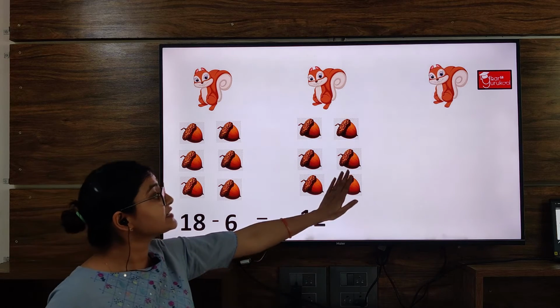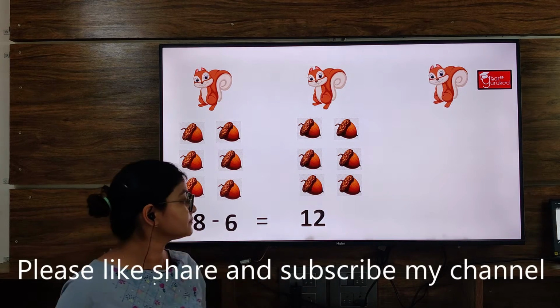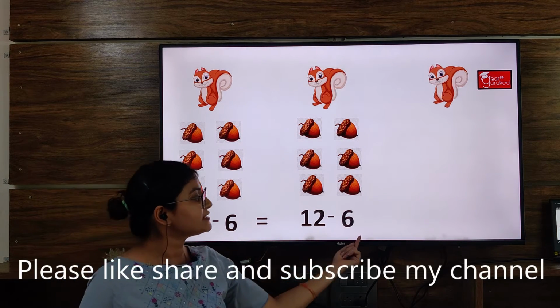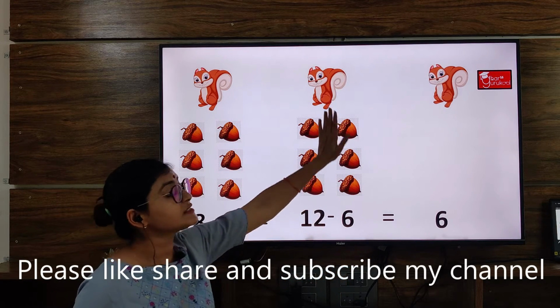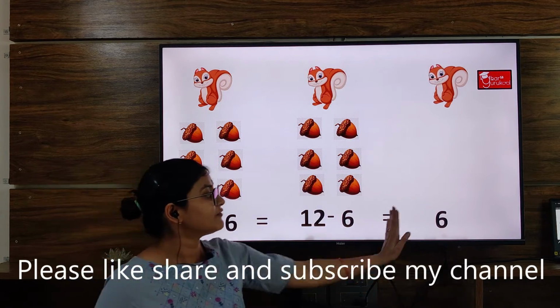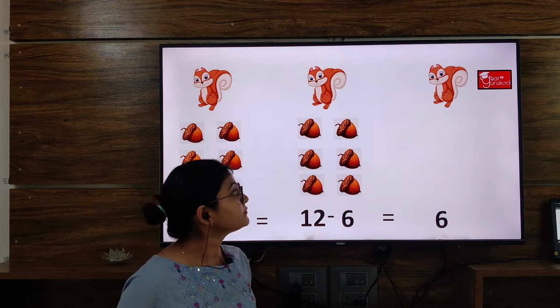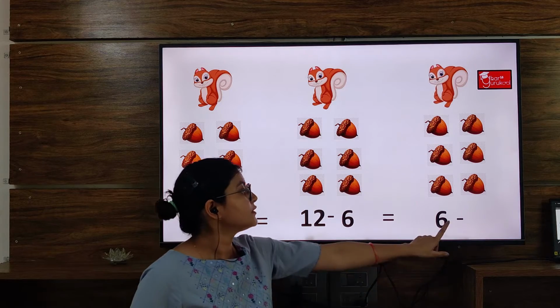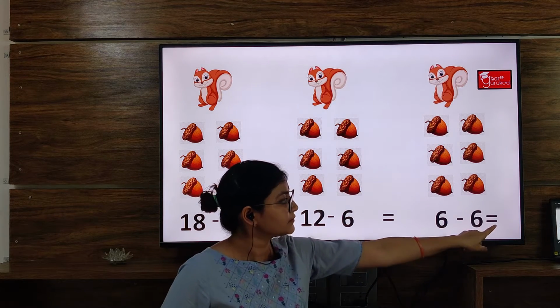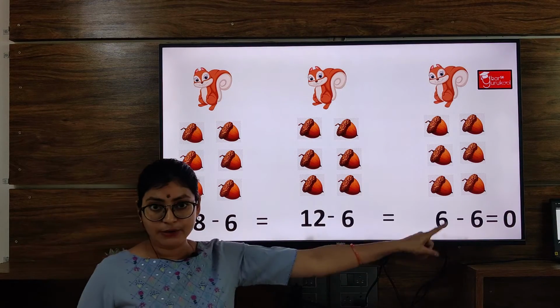Then he gave 6 nuts to the second squirrel. So 12 minus 6 is 6. After giving 6 nuts to the second squirrel, he is left with 6 nuts. Then he gave 6 more nuts to the third squirrel. So 6 minus 6 is 0.